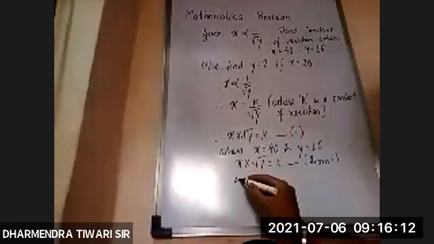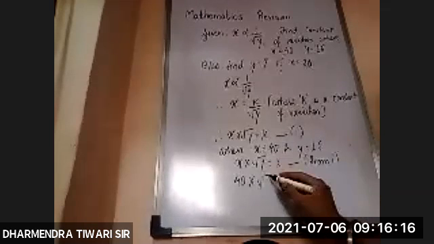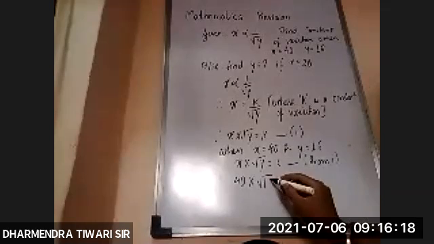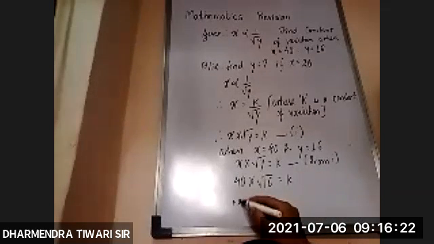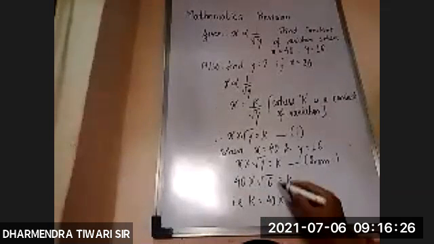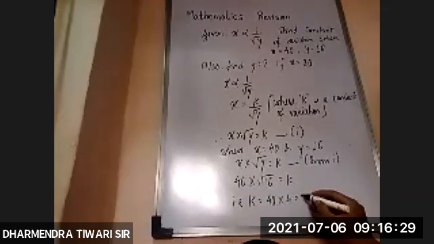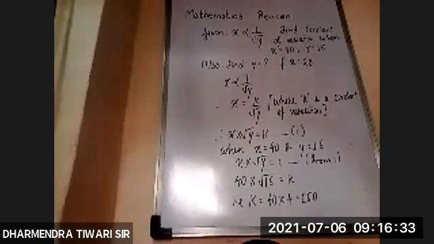The value of x is 40 into the value of y is 16, so root of 16 is equal to k. That is, k is equal to 40 into root 16, which is 4. 40 times 4 is 160. 160 is the answer for k. Hope you have understood this.